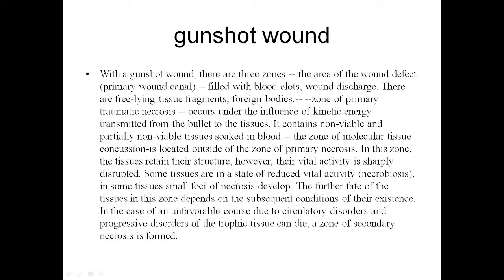Some tissues are in a state of reduced vital activity, necrobiosis. In some tissues, small foci of necrosis have developed. The future fate of the tissue in this zone depends on the subsequent conditions of their existence.